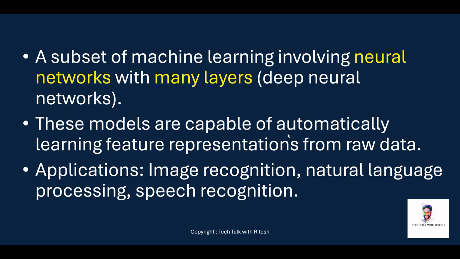These models are capable of automatically learning feature representations from raw data, and applications would be, for example, image recognition, natural language processing, speech recognition, etc. So machine learning is one thing, and one step ahead is deep learning, where we have the neural network with many layers, and we also call them deep neural networks.